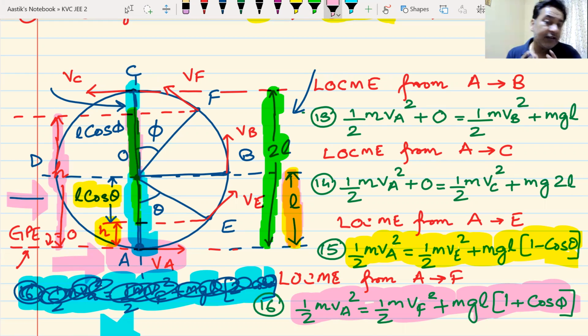Now we will think of what all types of motion can happen. Let me give you an example. We have different regions.